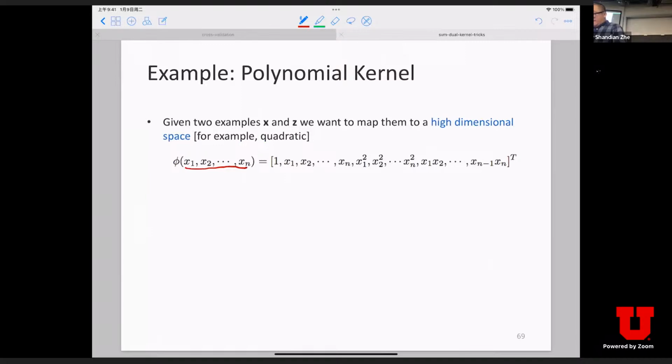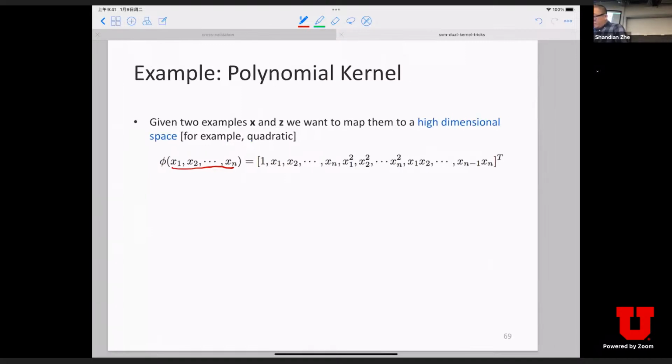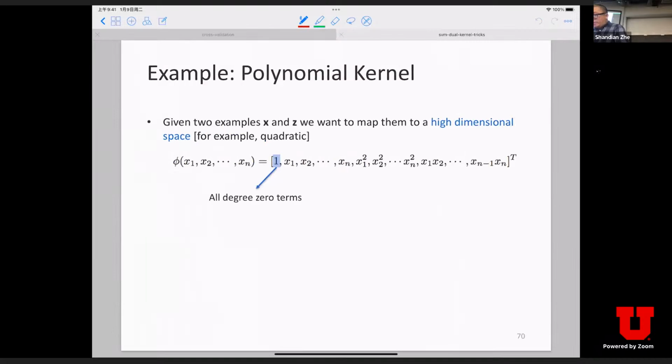If we take a look, the mapped feature contains all degree 0 terms, which are just 1, right? And all degree 1 terms, which is just x1, x2 to xn, the original features, right? And then all degree 2 terms, that is just the pairwise combinations of all possible features, right?